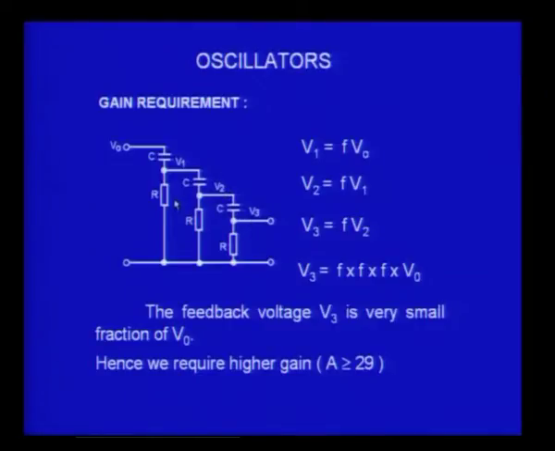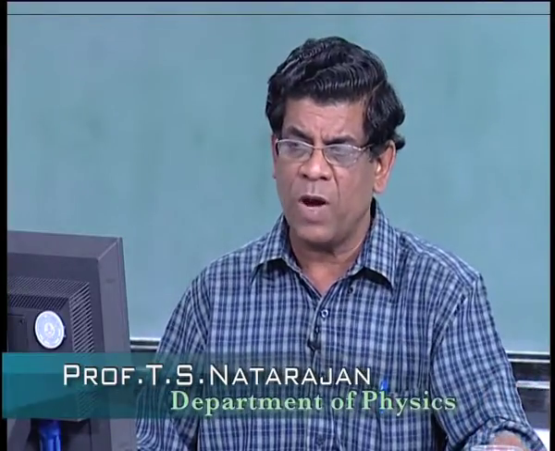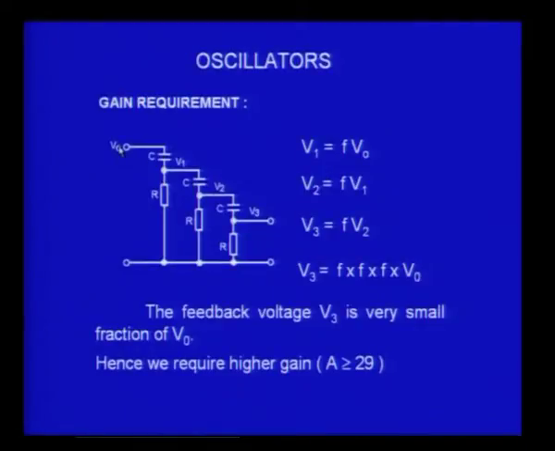So if this happens, what happens? For example, if V1 is 50% with reference to V output, then V2 will be again half of that, that means 1/4 of V0. If every one of the networks gives 50%, let us assume, then the first network will give half of the input, the second network will be 1/4 of the input V0, and the third will be 1/8 of this.